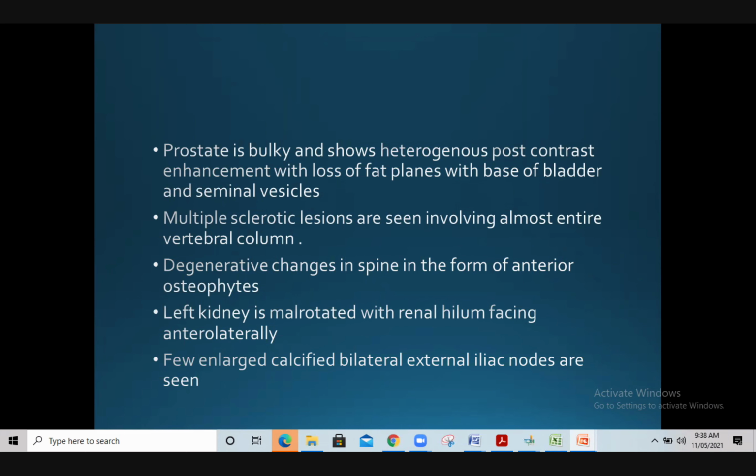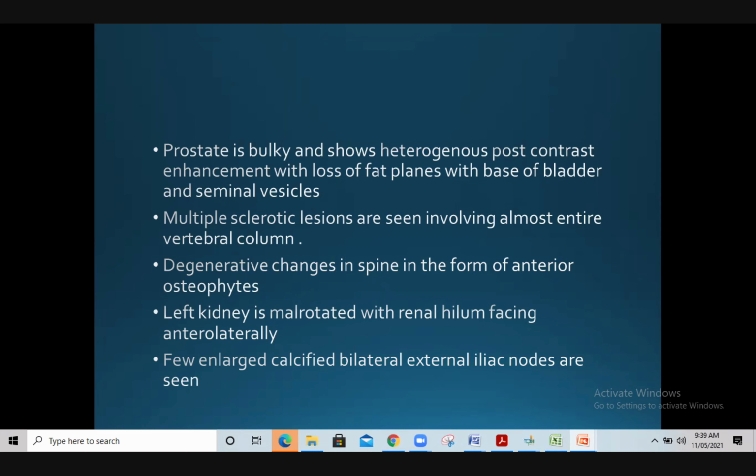Are you understanding? I'm trying to, ma'am. Whatever is missing, we need to add with the other additional investigation. Don't try to duplicate investigations, because this is already T4. It is involving the seminal vesicles, the base of the bladder. There is no change in management even if we get more information, whether it is involving two-thirds of the seminal vesicle or the entire seminal vesicle, or if lymph nodes are there.